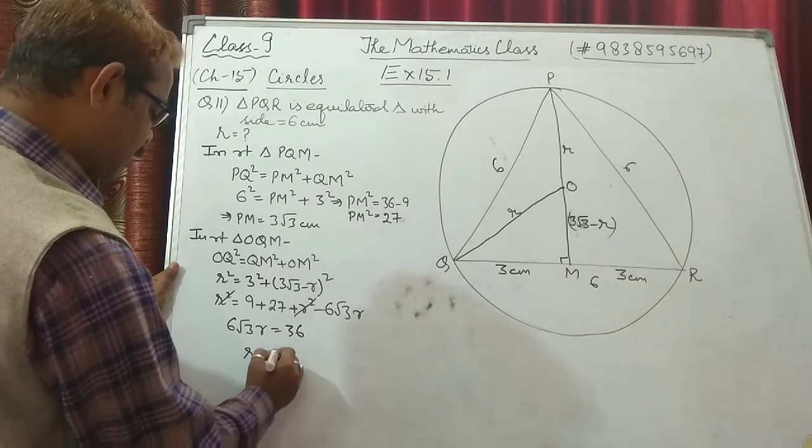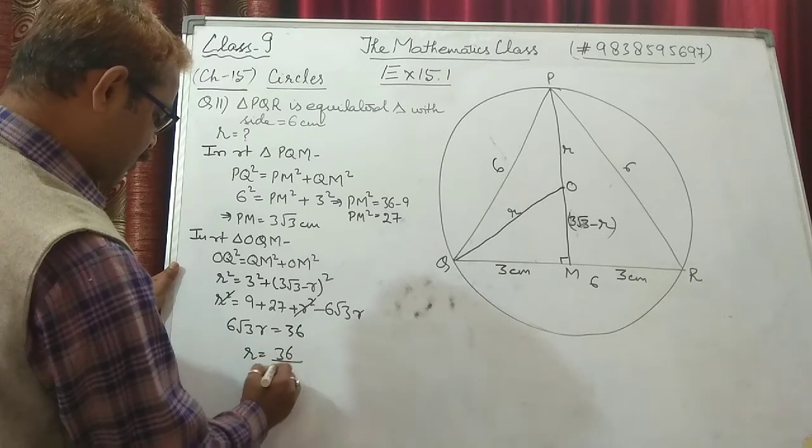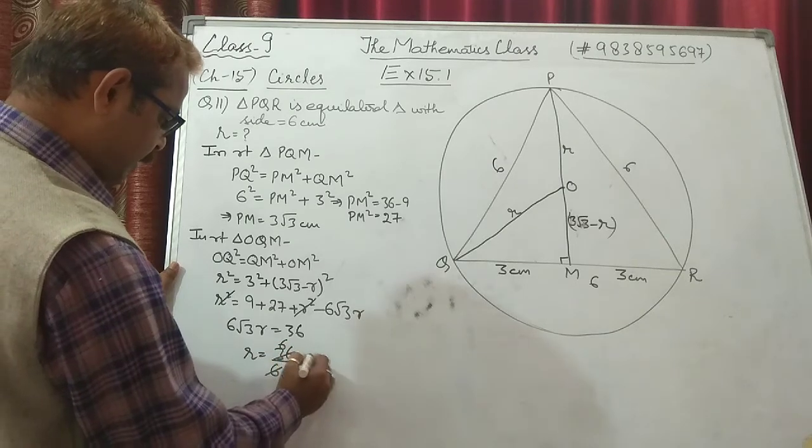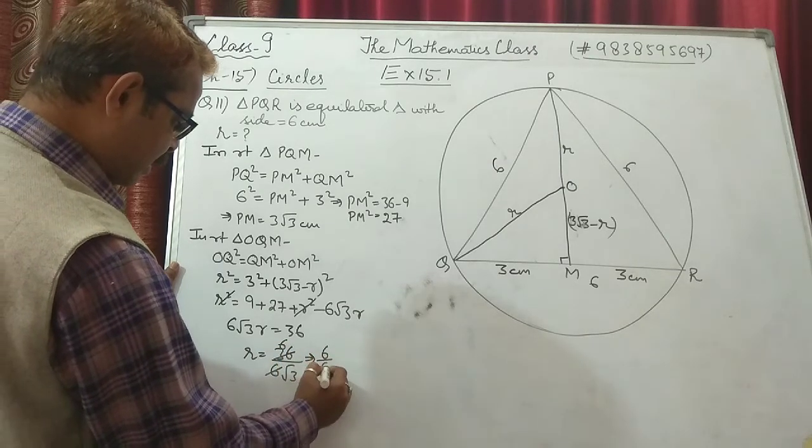So R will be 36 upon 6 root 3. 6 6s are 36, so 6 upon root 3 is the radius.